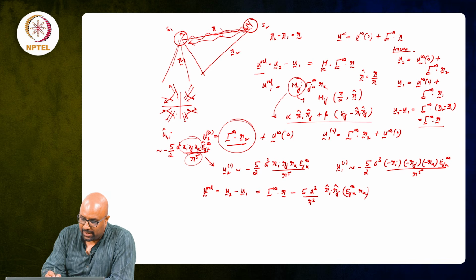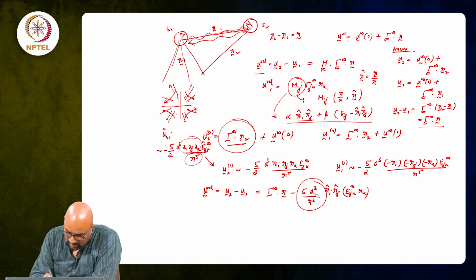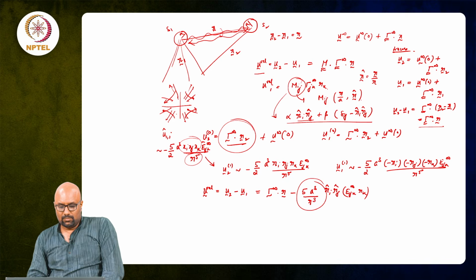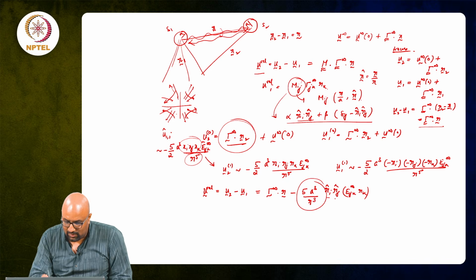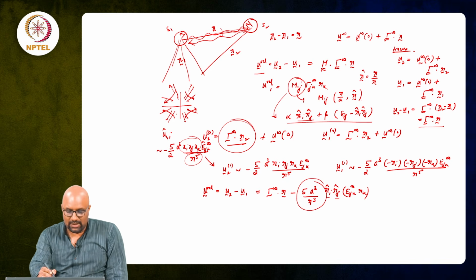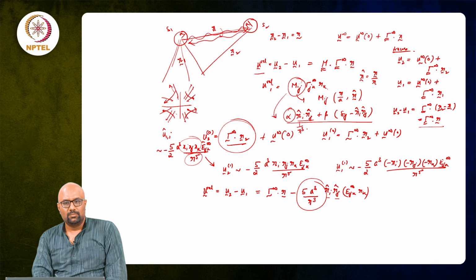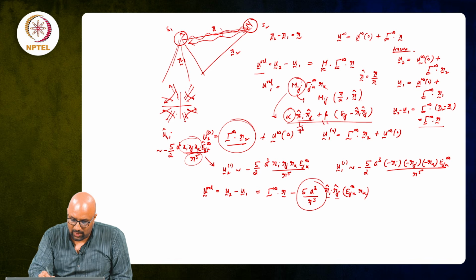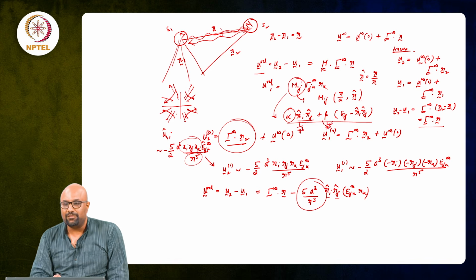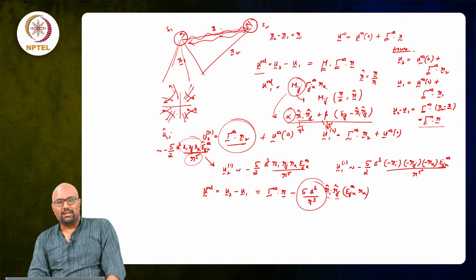Now, you can compare. This term goes as, sorry, this is r cube, because there is a 1 by r here, 1 by r here, which the r to the power 5 becomes r cube. So, this term goes as 1 over r cube, and this term will go as 1 by r to the power 5. So, this is basically using a method of reflection to find the relative velocity.